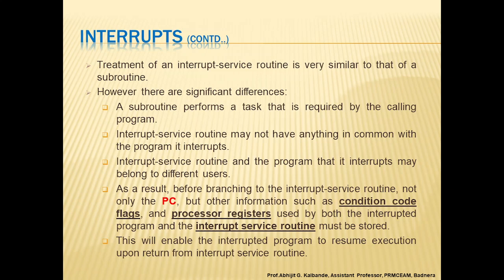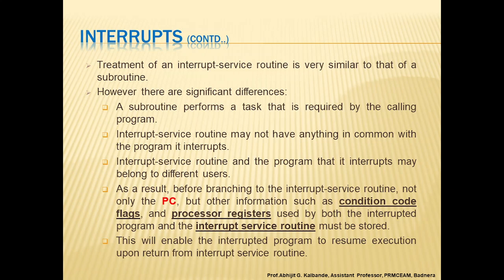A subroutine performs tasks that are required by the calling program. Interrupt service routines may not have anything in common with the program being interrupted. Interrupt service routines and the interrupted program may belong to different users.